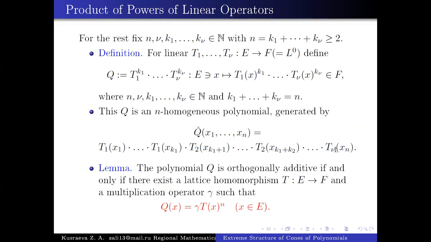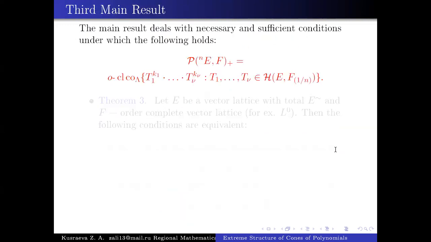Now the third main result deals with necessary and sufficient conditions under which the following equality holds. That is the following: the cone of positive n-homogeneous polynomials coincides with the order closure of the operator convex hull of the product of powers of lattice homomorphisms.